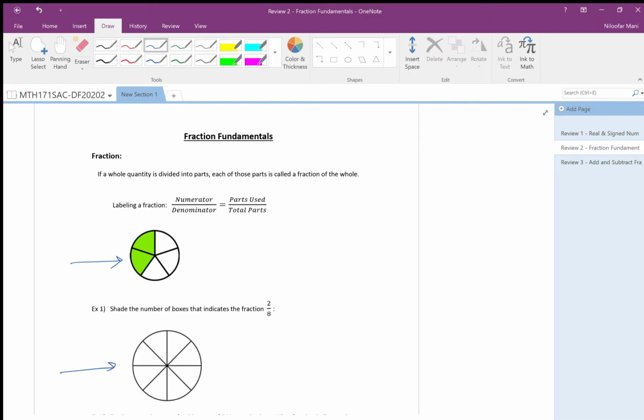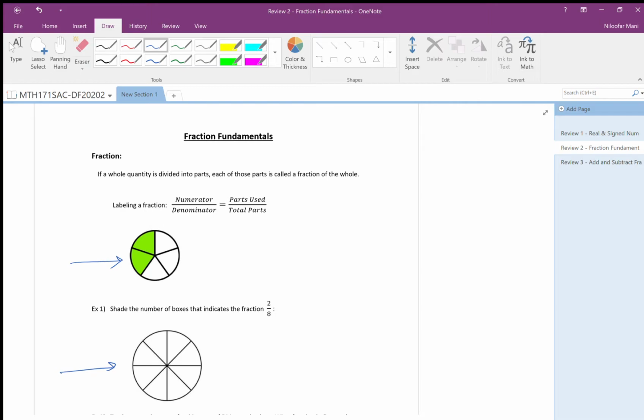Maybe I say, for example, 6/5, it means I have one item, I divide it between 5 parts, but then I have 6 of those parts, which means I have one complete pizza, and from the second pizza I have another part, because it's 6/5. So it doesn't mean the top must always be less than the bottom, no.